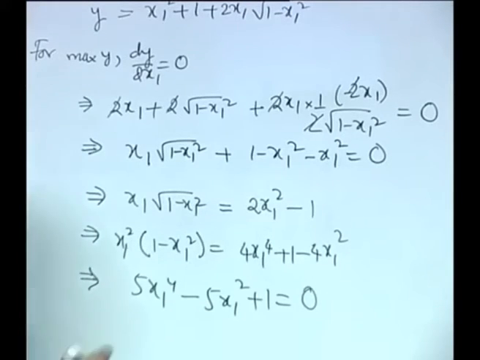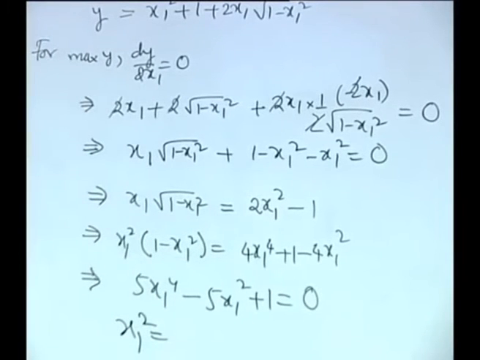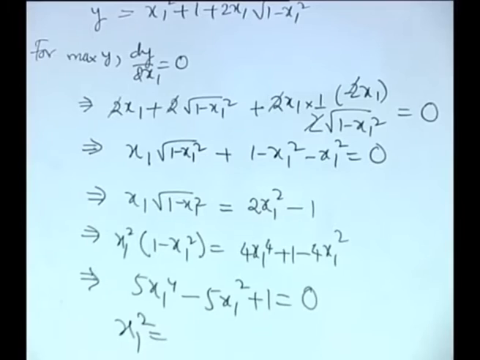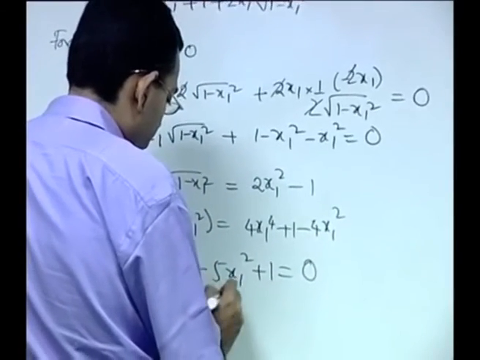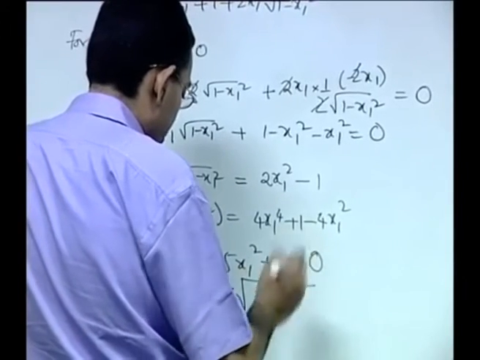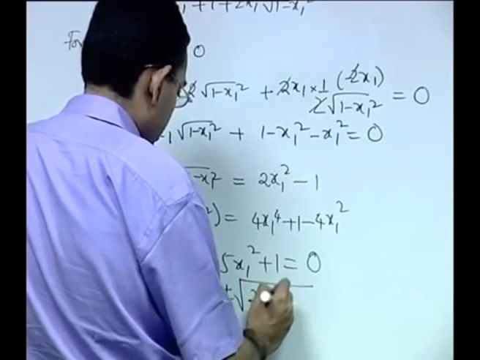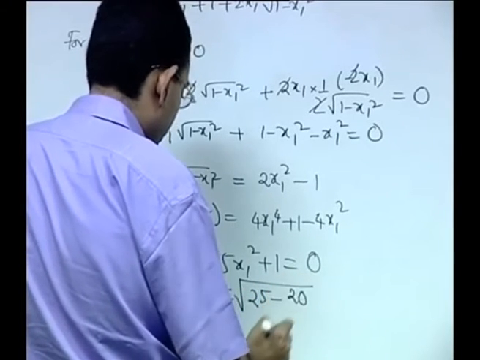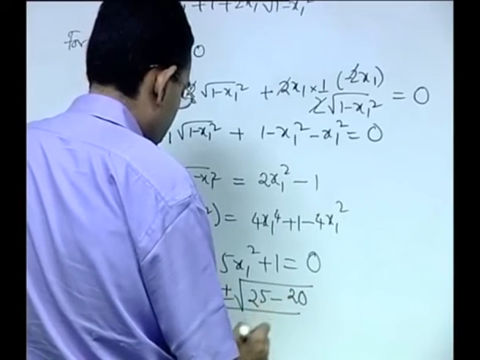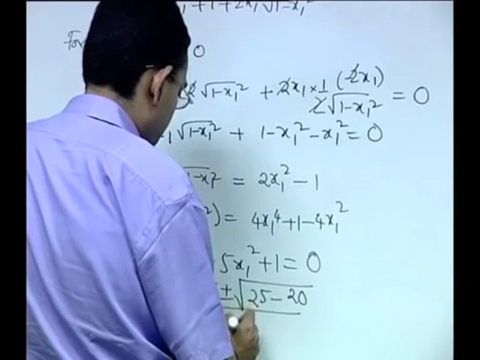So, it is a quadratic equation in x1 square, so you can solve for x1 square. So, x1 square is 5 plus minus square root of 25 minus 20 by 10.